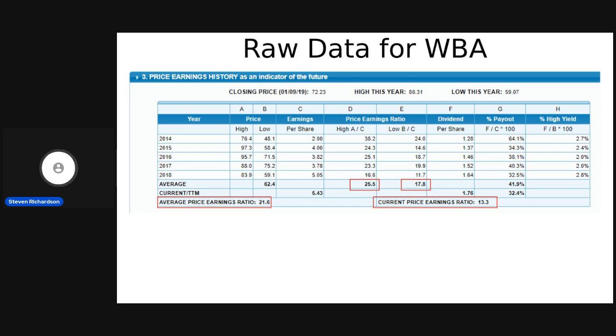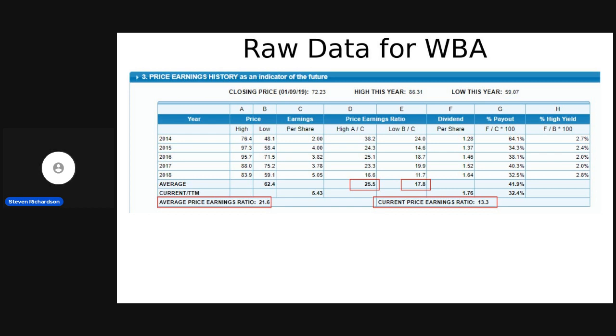So here's raw data from, again, Walgreens Boots Alliance, Walgreens. It's from 2018. And so this is the stock selection guide. This is the valuation tab, the tab to the right of the first tab on the left. If that makes sense. And so I've boxed in some areas here.